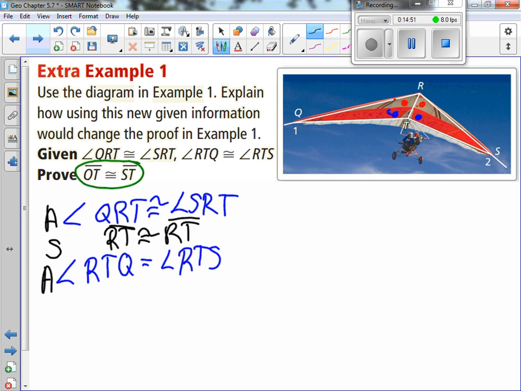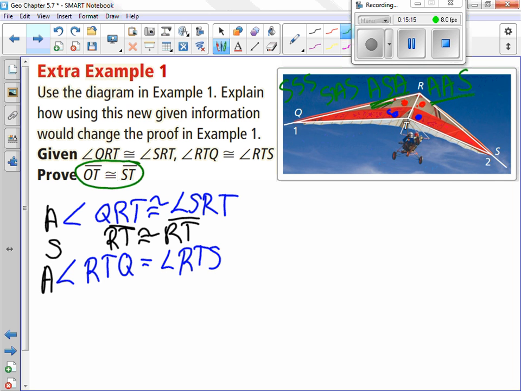So I need a side. Because when we think about all four of the congruency theorems that work with triangles, we have side, side, side, side, angle, side, angle, side, angle, angle, angle, side.